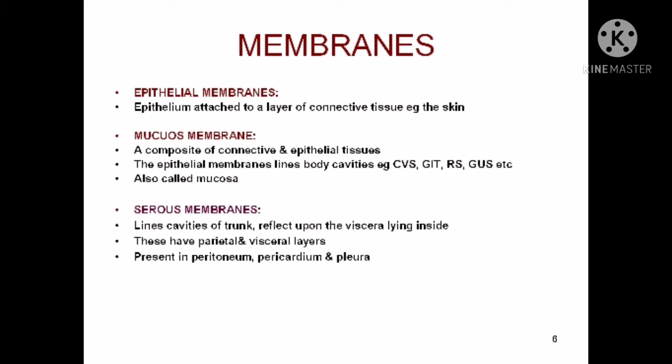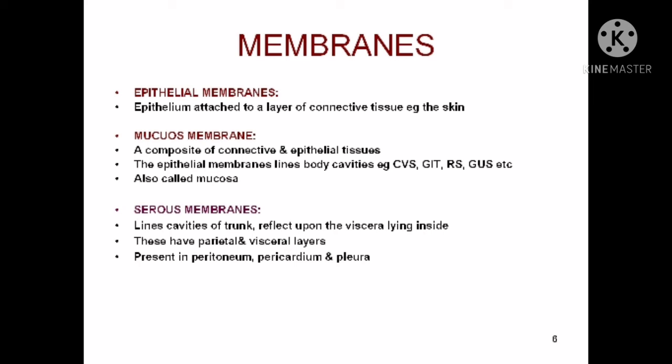In all these three cases of the serous membranes, there is a parietal or peripheral layer and a visceral layer which is in intimate contact with the viscera they cover. In between these two layers, there is a cavity.